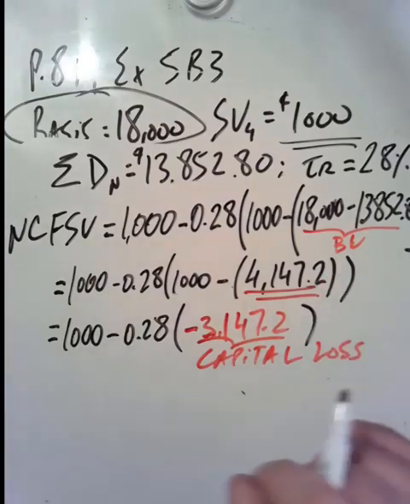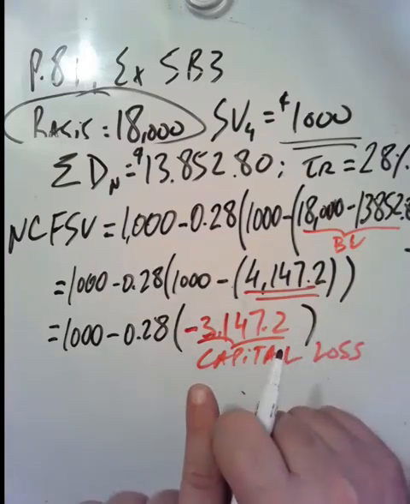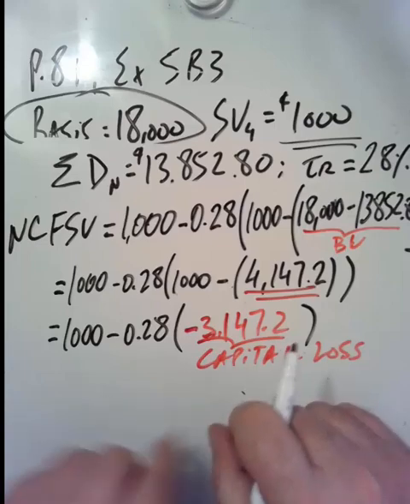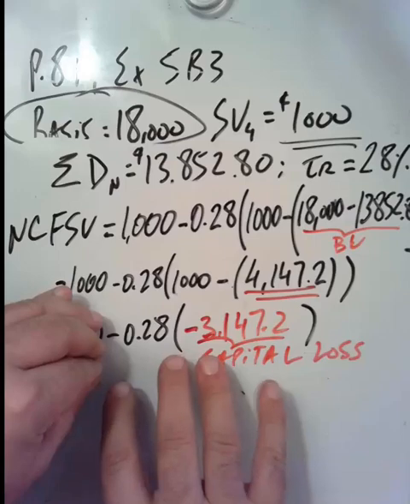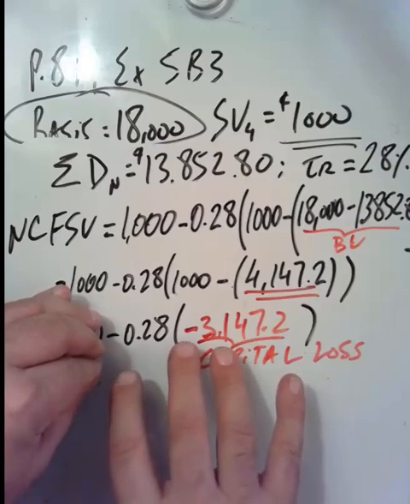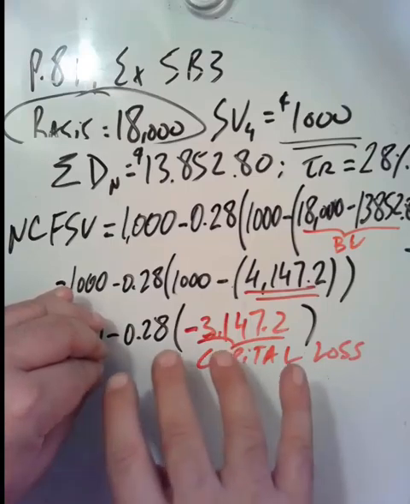However, the way the textbook solves the exercise is assuming that there are gains to offset elsewhere. So what the textbook is doing, curiously, is treating this as a tax credit, because you have profits elsewhere to offset with this loss.